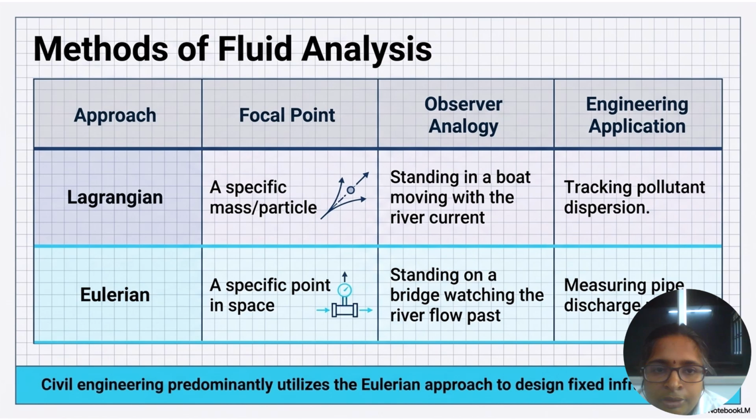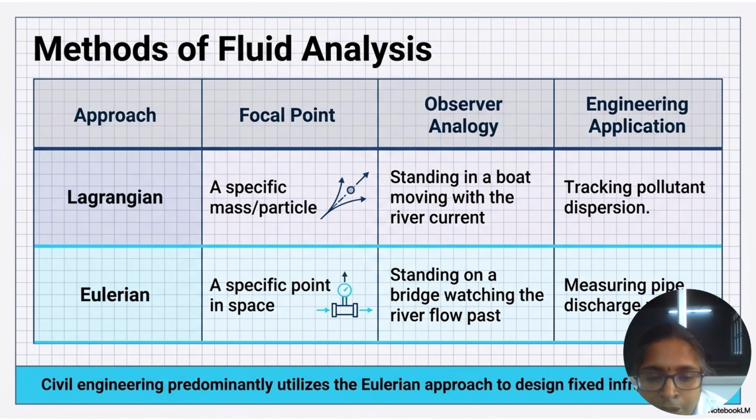And with regards to the methods of fluid analysis, there are two major types of fluid analysis methods, that is Lagrangian approach and Eulerian approach. In Lagrangian approach, the focal point is a specific mass of particles, and the observer may be standing in a boat moving with the river current. An engineering application for this approach is tracking pollutant dispersion.